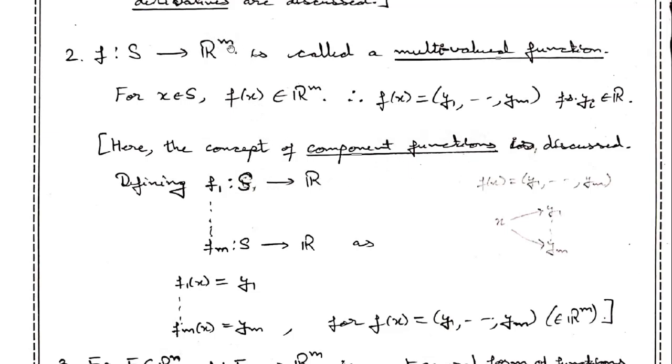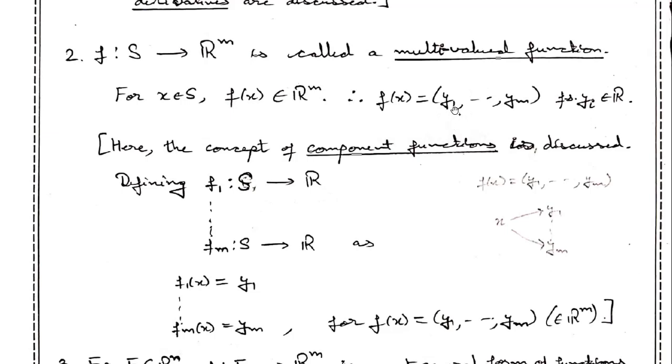Whatever the dimension of this codomain space Rm is. The dimension of Rm is m. Therefore, the number of component functions will be m: f1 to fm. So for any x belonging to the domain, f1(x) will be the first component of the image point.